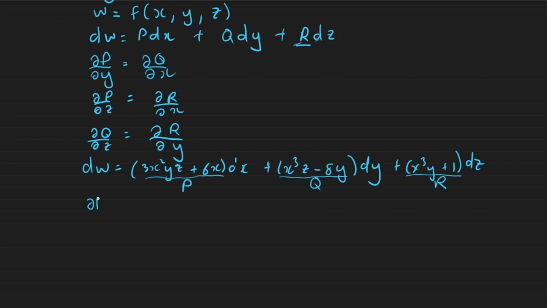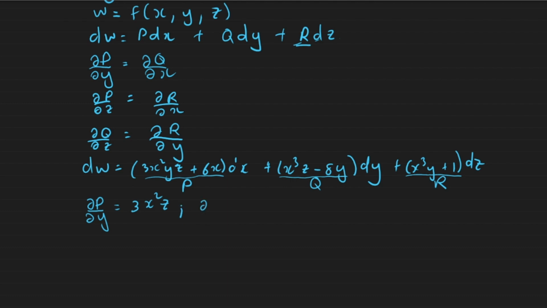So the first one is ∂p/∂y. So finding the derivative with respect to y is quite straightforward. So that would be 3x²z, plus 6x, and of course that's just 0 since we're differentiating with respect to y.